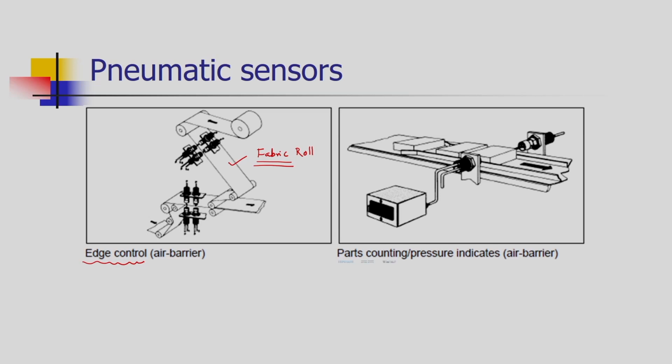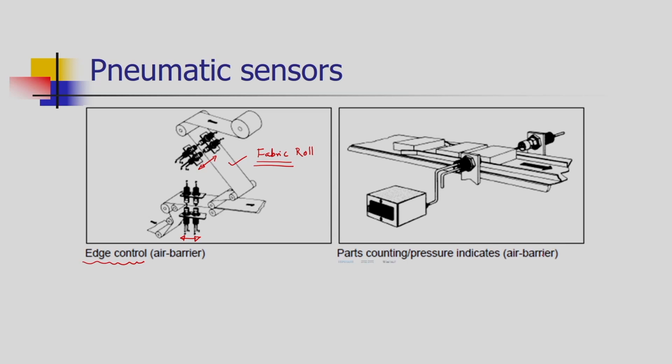So, for that purpose, the edge of the fabric is to be monitored continuously. A set of sensors are mounted here that you can see. Again, the same principle is applied to monitor continuously the edge of the fabric.